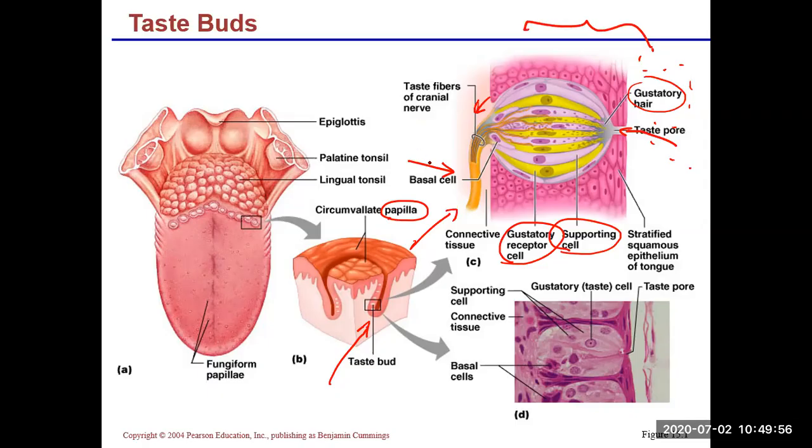Then you had the sensory neuron, which is this part right over here. But there are a lot of them that collectively go in towards the brain, which happens to be the control center. So first of all, this part right over here is the aqueous environment. That would be your saliva.